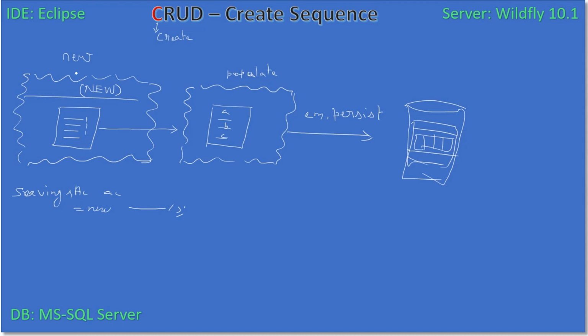So the state changes from new to managed, here it's the persist method, right? New to managed, and here a transaction will be committed. After the transaction is committed, once the method returns, the entity goes to detached state.